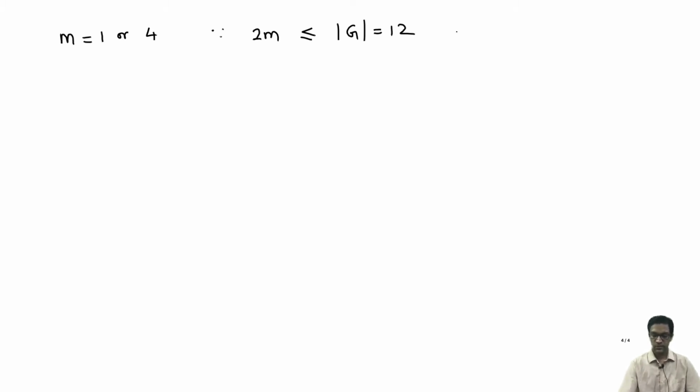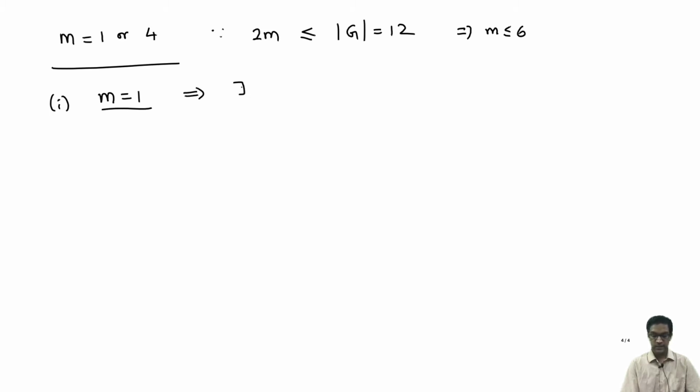So m is at most 6, and among the possible values, 1 and 4 are the only ones which satisfy this inequality. There are two possibilities, m is either 1 or 4, and let's see which of these is indeed possible.